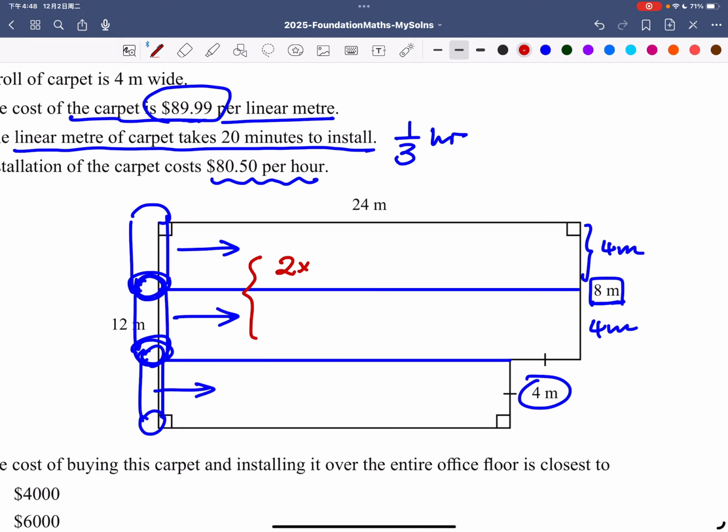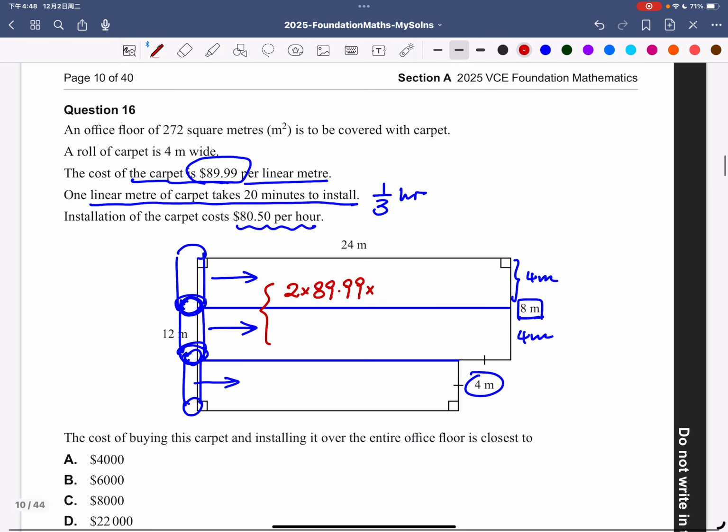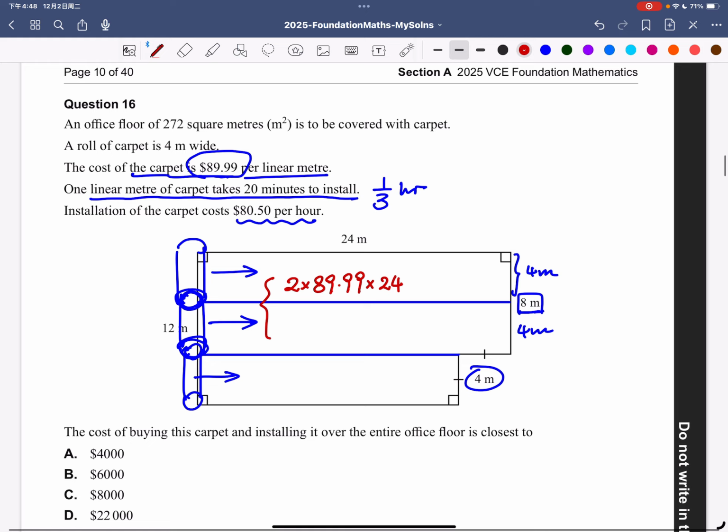So 2 times 89.99 times 24, because the linear meter goes that way, okay? Goes that way. And we can add the time cost, which is 2 parts multiplied by 80.50 times 1/3, and we multiply by 24.